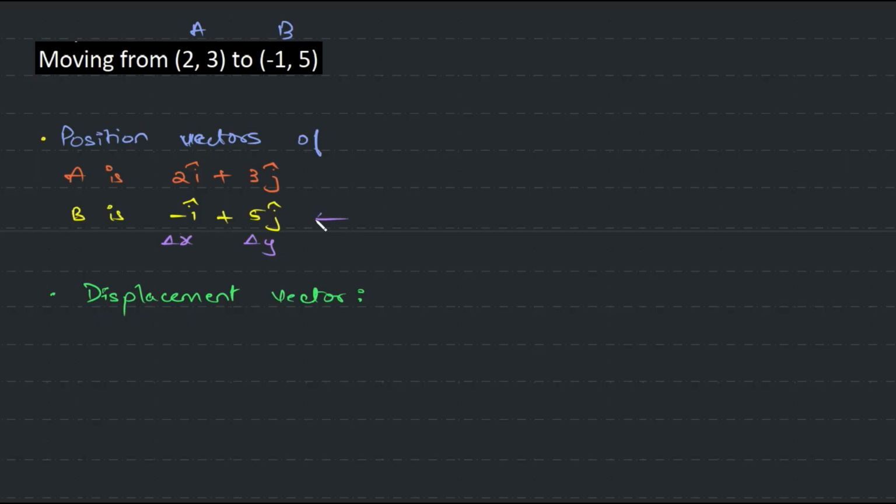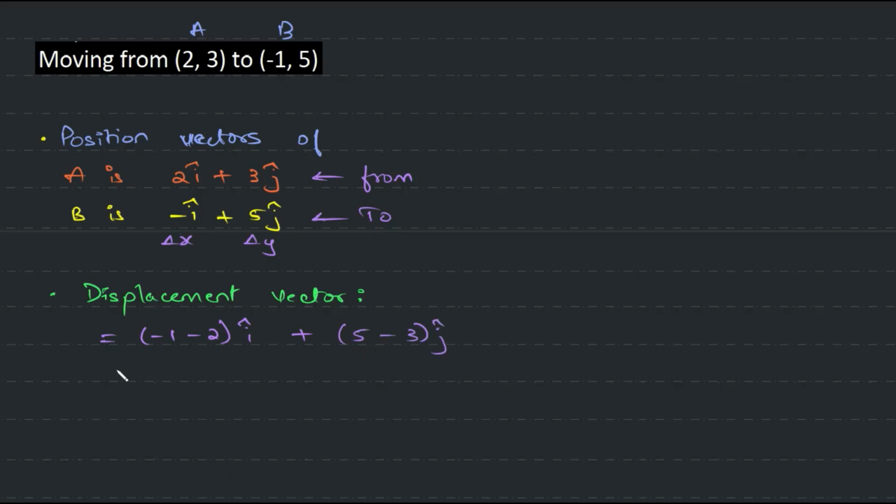So this is my to place, this is from place. From this to this, yes. So it will be basically minus 1 minus of 2 i cap plus 5 minus 3 j cap.